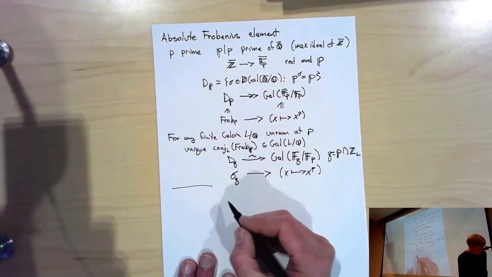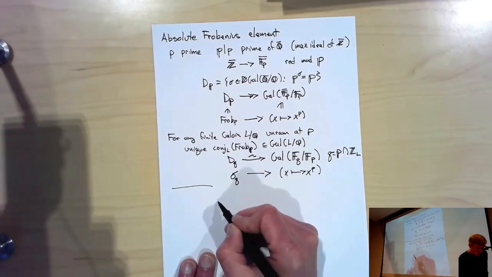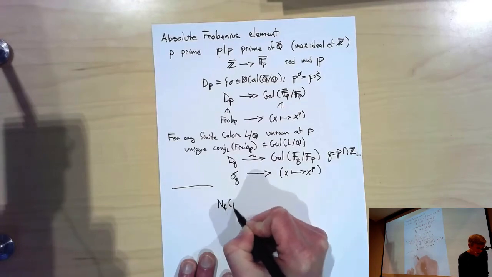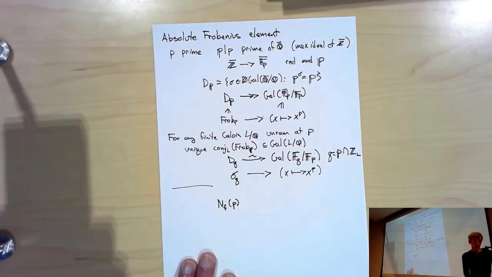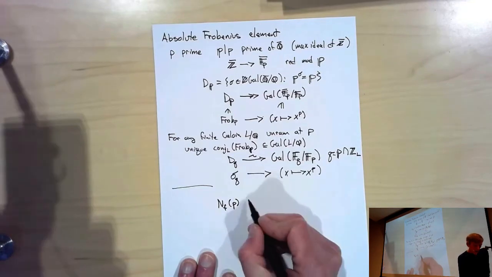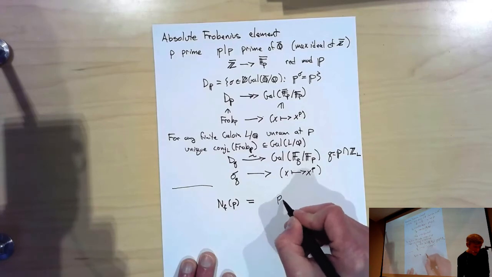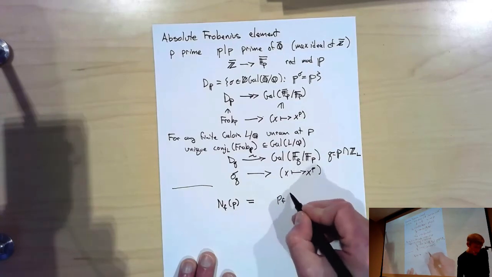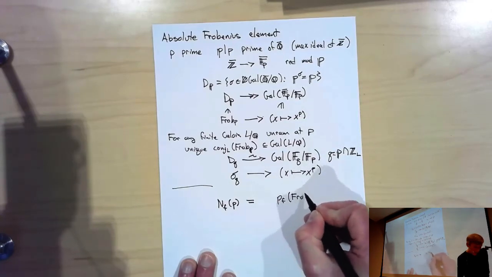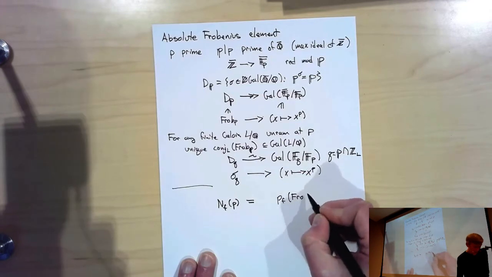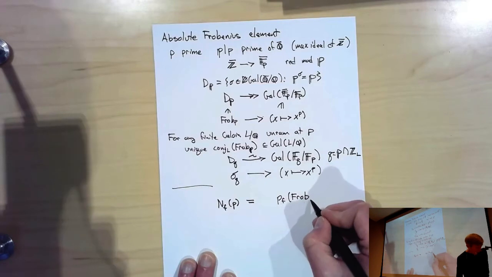Okay, and then the key property that we're interested in now is that if I want to compute this quantity, the number of roots my polynomial f has mod p, well, how would we do that? Well, we would use our Artin representation, the Galois representation given by the action of the absolute Galois group on the Q bar points of our variety.